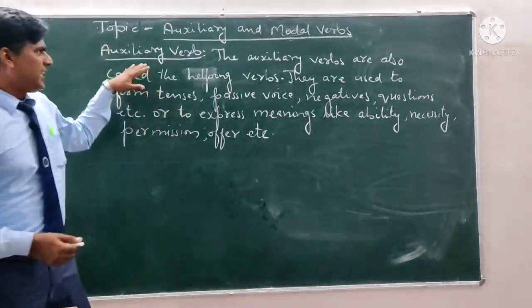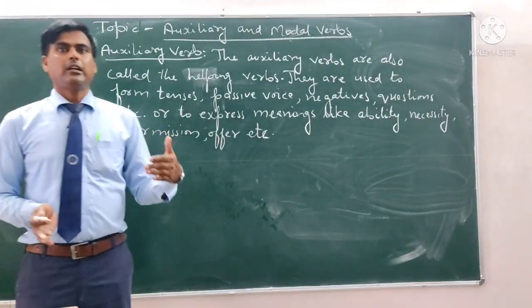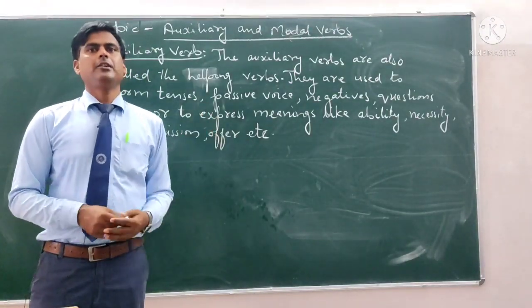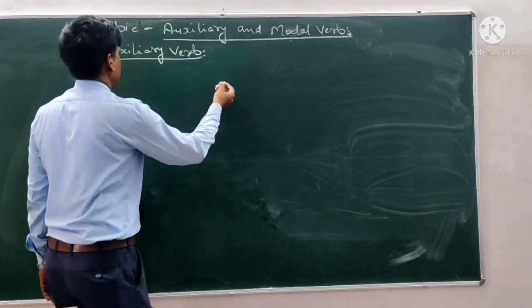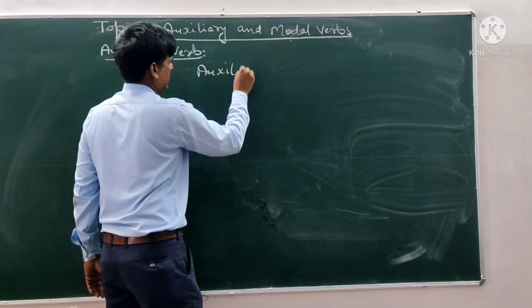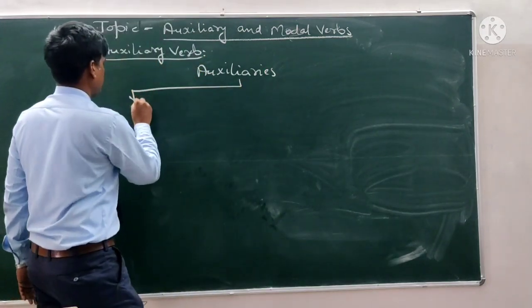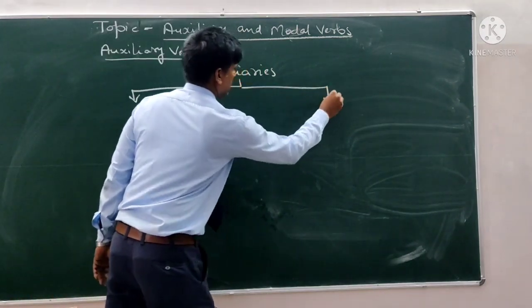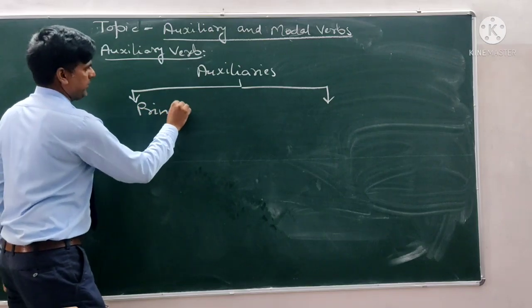The auxiliaries can be divided into two parts. So now let us see how we can divide the auxiliary verbs. Auxiliary verbs can be divided into two parts. Number one, primary auxiliaries.